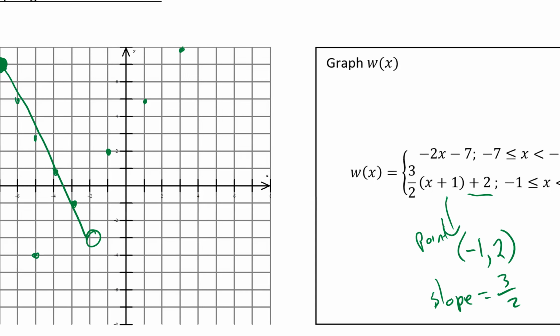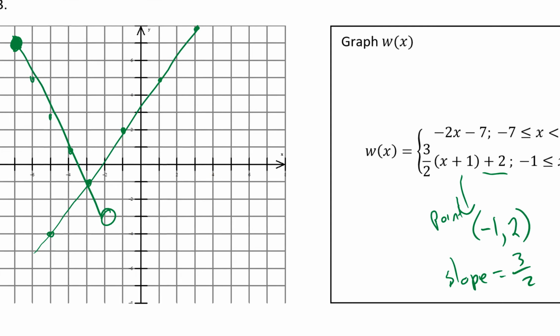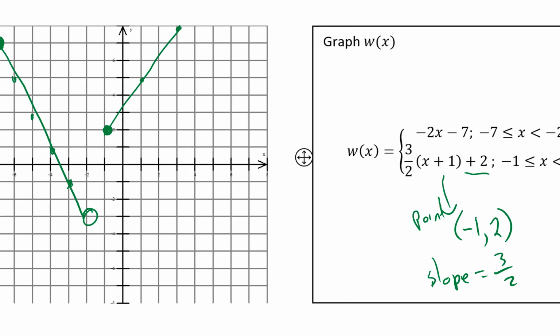Do I really need to do this whole thing, though? Not necessarily. Where does this one start? At negative 1. And what kind of point am I going to have there? Solid point. So I can get rid of everything to the left here, right? And where does it stop? At 5. So I'm actually going to have to continue this a little bit.